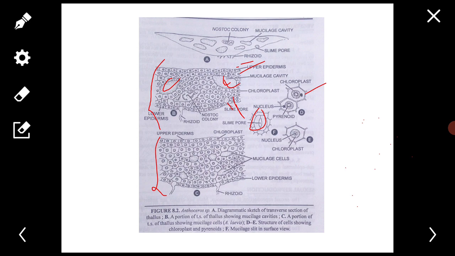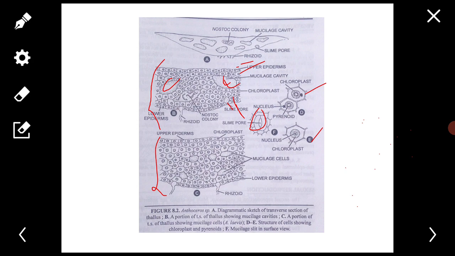The nucleus of the cell lies adjacent to the chloroplast. The presence of pyrenoid is a unique feature of Anthoceros. Usually pyrenoids are found associated with chloroplasts in green algae but not in other bryophytes.